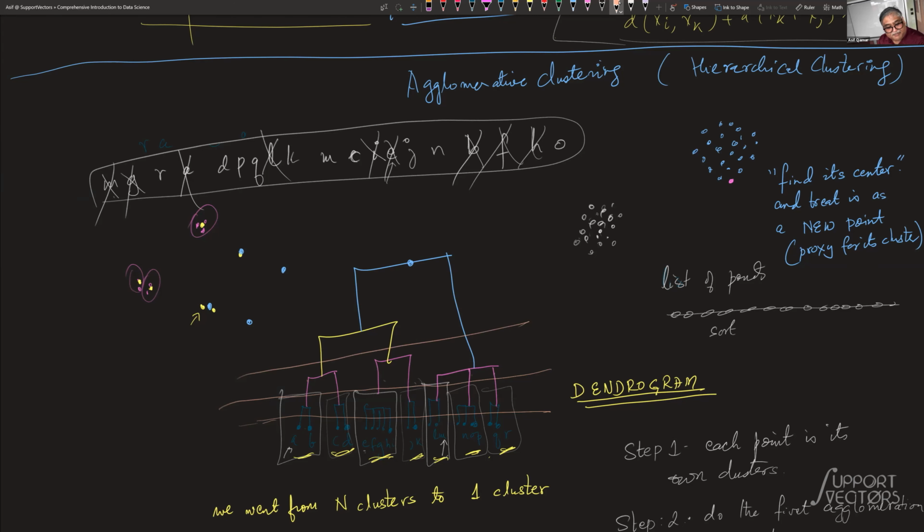I see 3 pink clusters. And if my cut line is here, I see 2 clusters, which basically says that this cluster and this are the 2 clusters. And so you can actually pick a cut line and decide how many clusters you want to look at. And you have a full representation of the cluster.